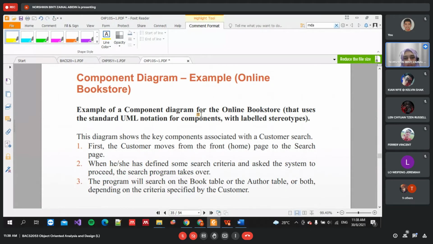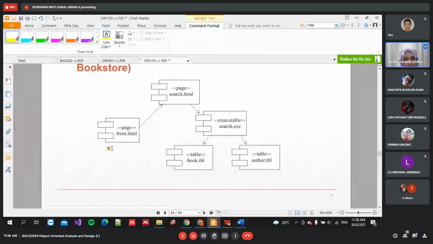An example of a component diagram of the online bookstore uses a standard notation of a component labeled with a stereotype. The diagram shows the flow. First the customer moves from home to the search page. Home is the front page or the landing page. So these three things are the same.